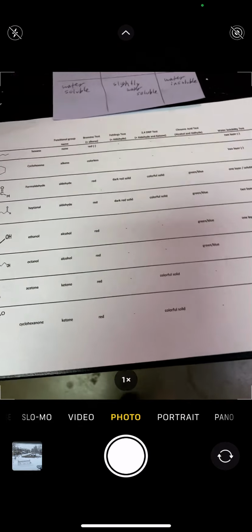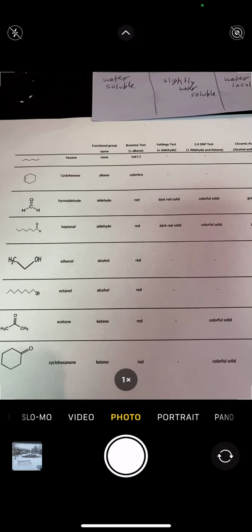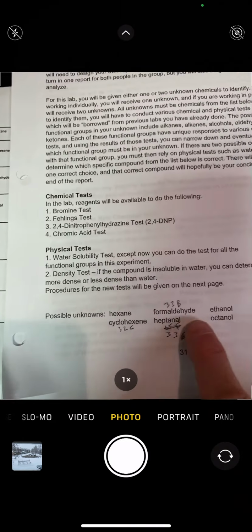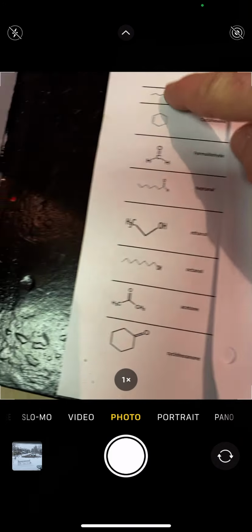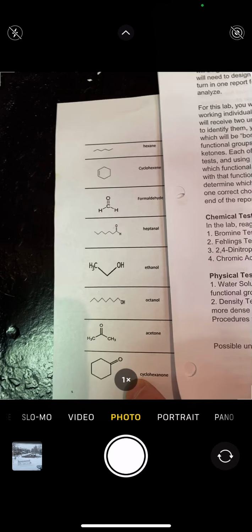So before we start, I also posted this data sheet that Professor Wino put together. Thank you, Professor Wino. It lists all of these possible unknowns on the left-hand side, as structures. So she looked them up for you. You're welcome.